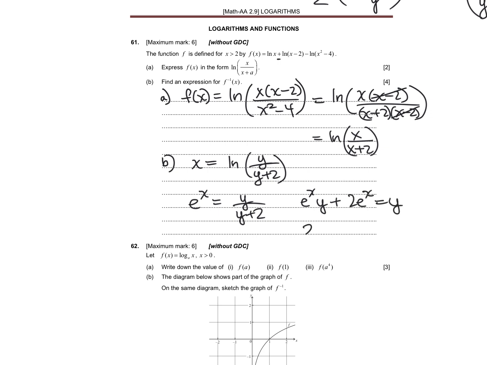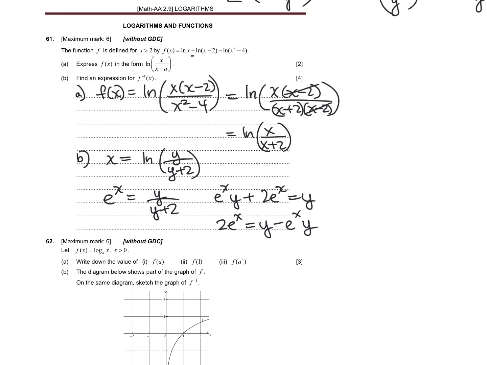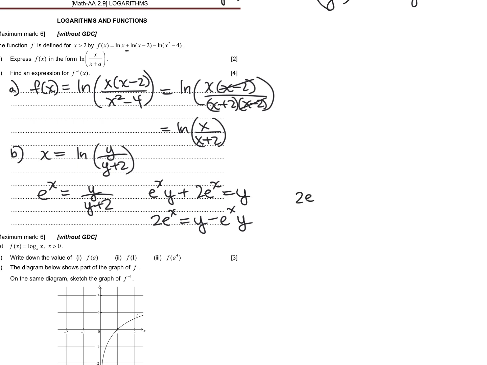Y is on one side. And factor it out. So that's 1 minus e to the x. So our inverse function is going to be 2e to the x over 1 minus e to the x.